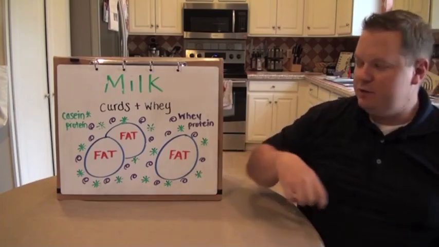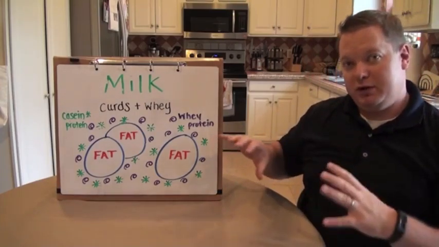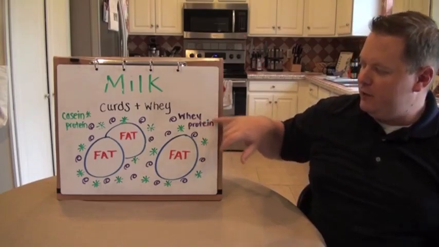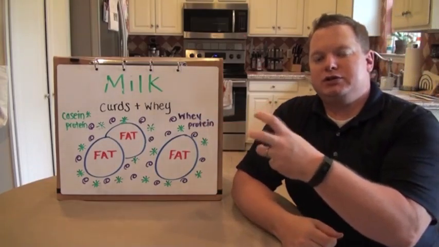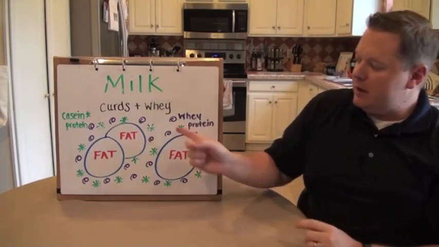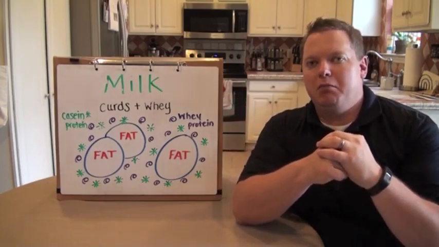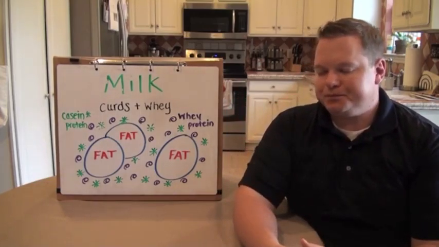And it's in the casein micelles where we're actually going to have the calcium trap that we're so familiar with in milk. We also have the whey proteins, which are smaller. They're going to be much less complex, all built in this larger emulsion of milk.